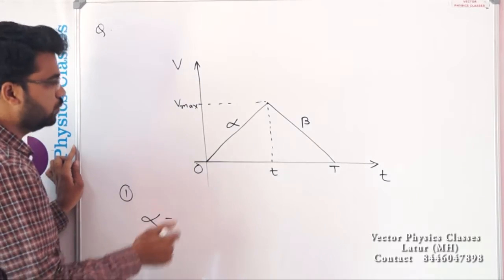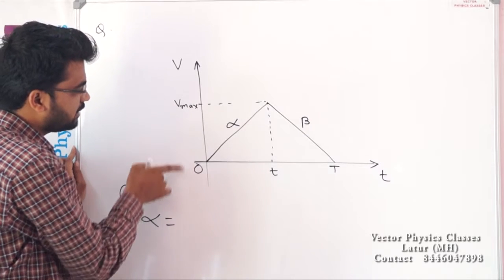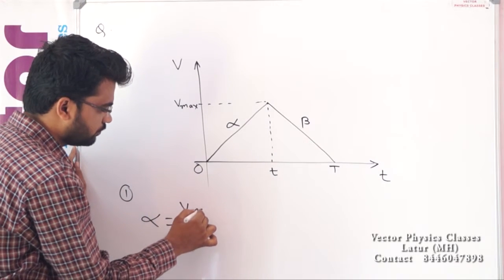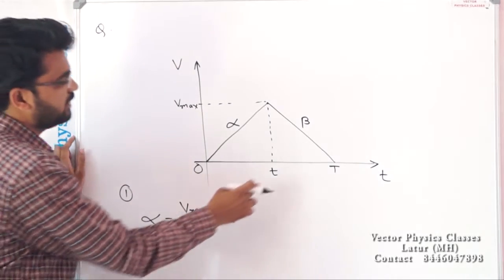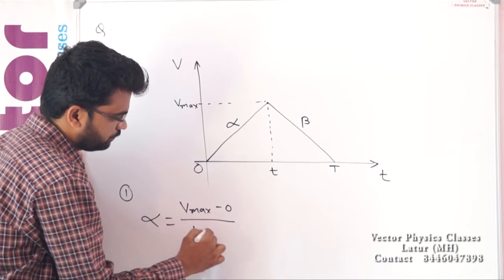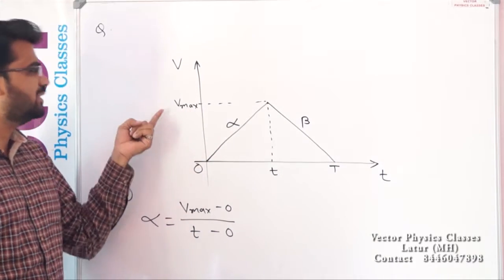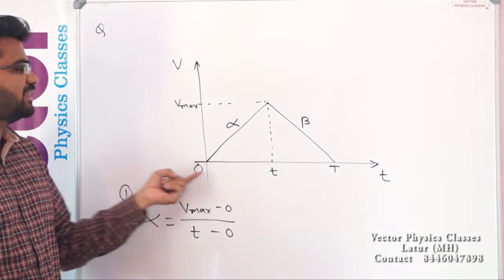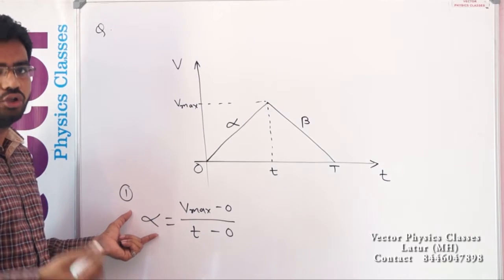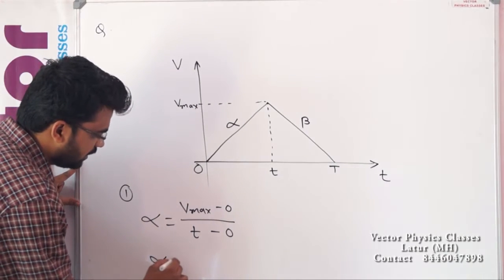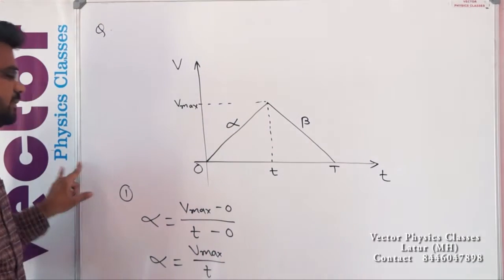Alpha is equal to the slope, which is y2 minus y1, that is Vmax minus 0, divided by x2 minus x1, that is t minus 0. That is the slope that we all know, right? So alpha is equal to Vmax upon small t, right?